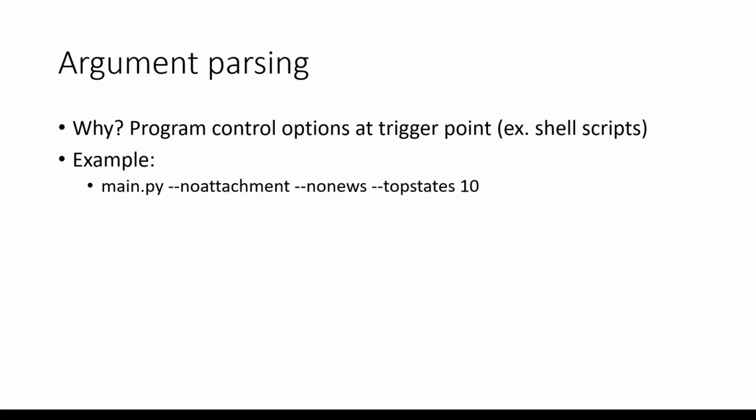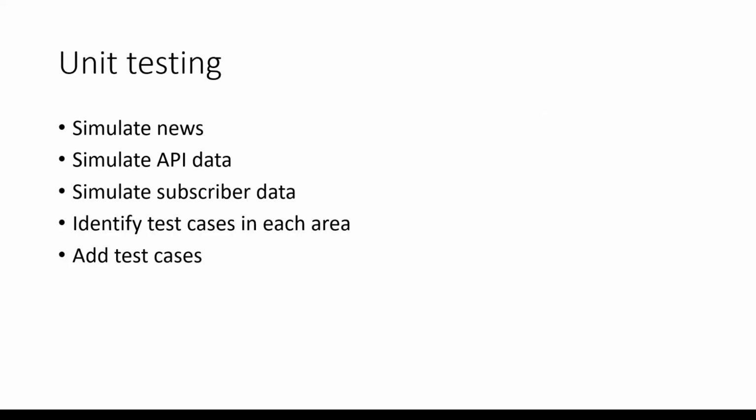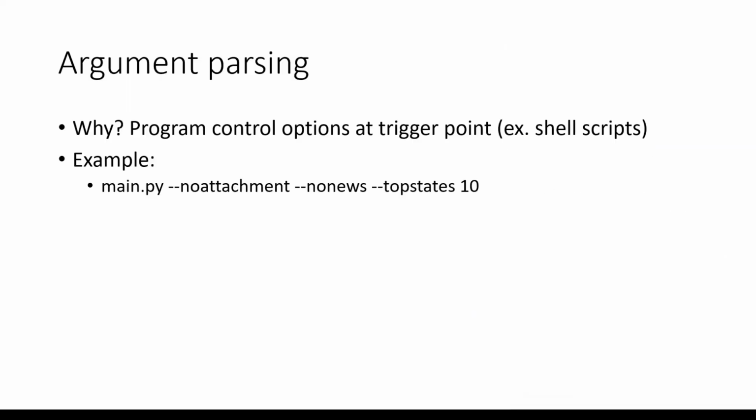That particular service can also be run simply without attachments, but you don't need to change the entire program. We just need to set some options on the command line, and then it will automatically do that. Maybe instead of getting all the states in an Excel sheet, I want only the top 10 states. Such things can be controlled at the command line level. This is one of the features.